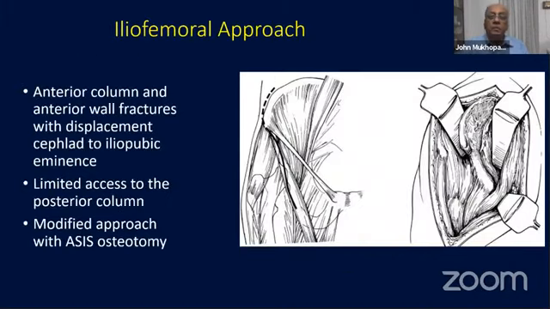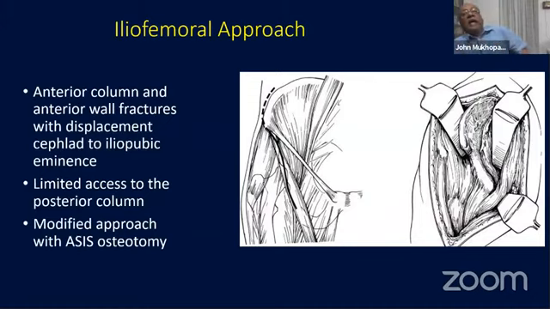And the other approach, which can sometimes be useful depending on the fracture pattern, is the iliofemoral approach. You can do this with or without osteotomy of the anterior superior iliac spine, depending on the fracture line. Okay, and this gives you access to the front all the way to the joint.